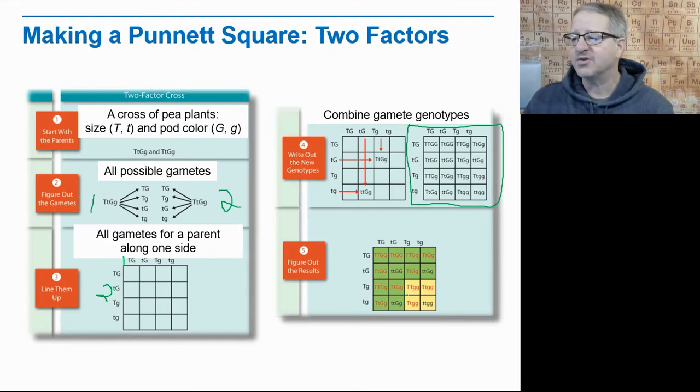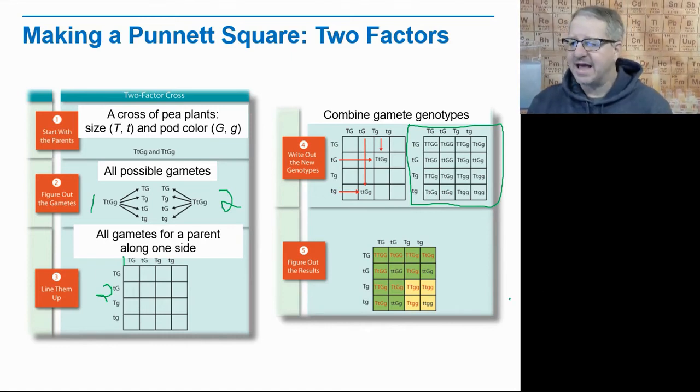And what we see is we've got a 12 out of 16 chance of having a green offspring, having a green pod color. Now, they also used red font for the letters for the plants that would be tall. So if we count those up, we get 1, 2, 3, 4, 5, 6, 7, 8, 9. So it's 9 out of 16 chance that they'll be green and tall.